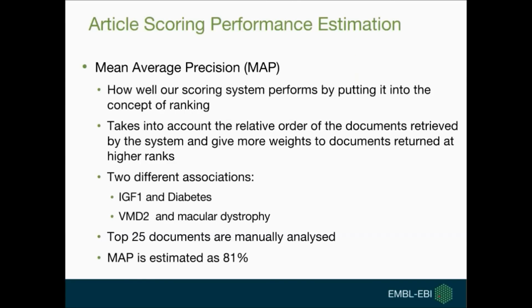We randomly selected 2 different associations and used them to estimate the MAP performance. We selected the top 25 documents because we thought they would be the most interesting documents for the user. We evaluated them manually and estimated the MAP as 81%.